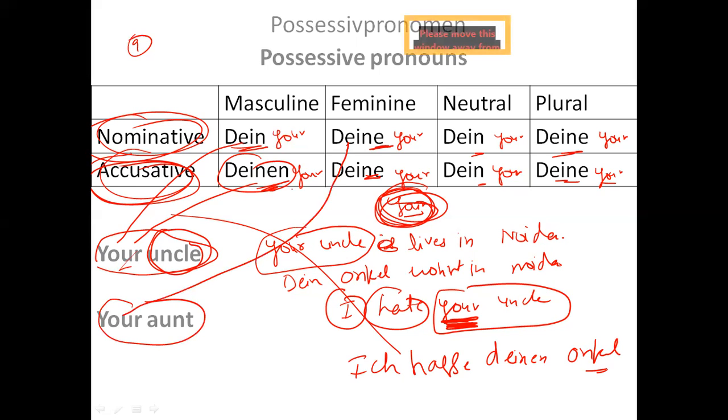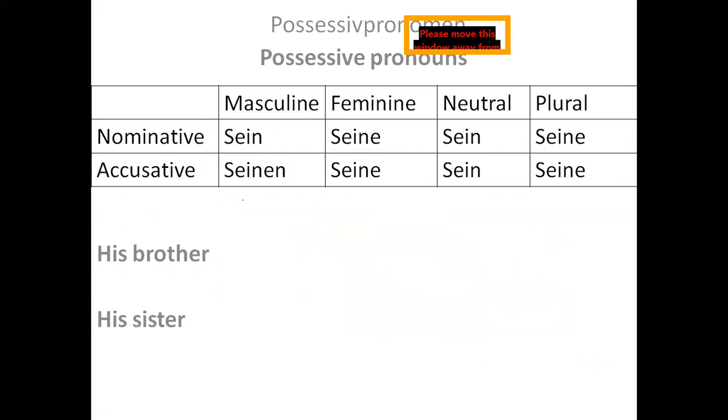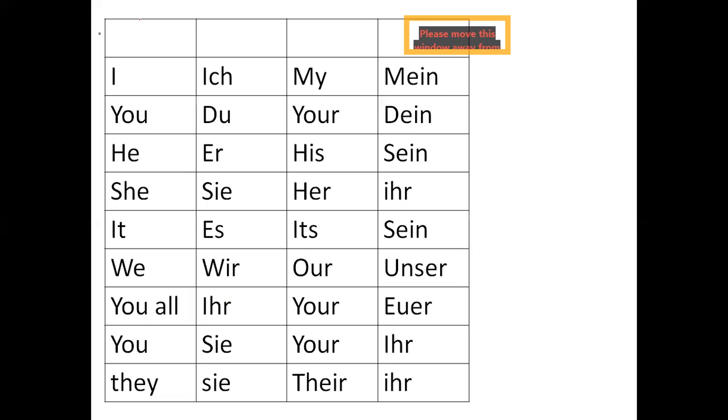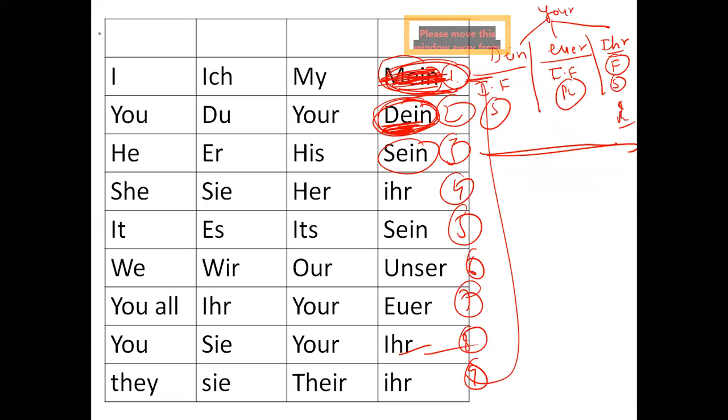If I say your aunt, your can be deine. Although spelling is the same, usage is different, right? Okay, now here the third table. I told you that there are nine tables, right? First table, mine, we are done, I need to delete this. Second table, your, is done. Let me delete it.